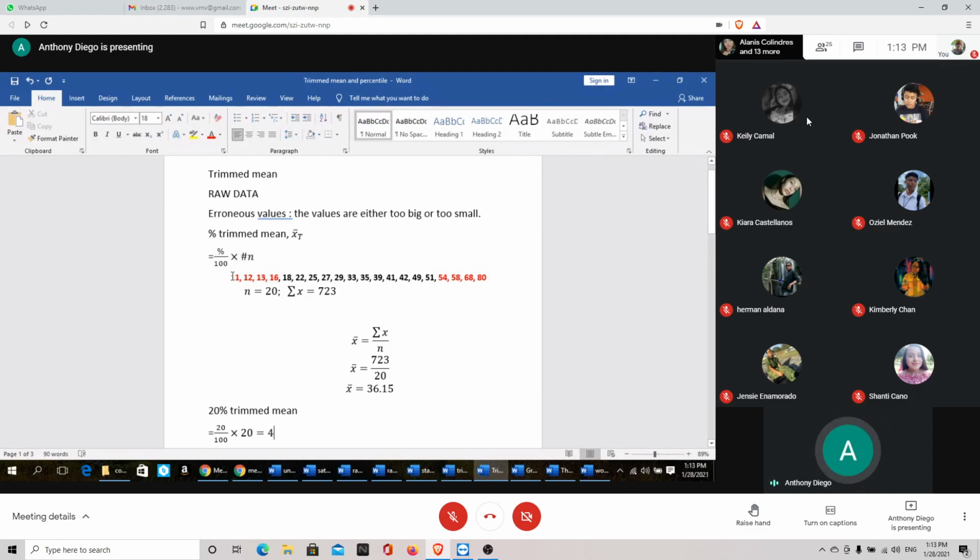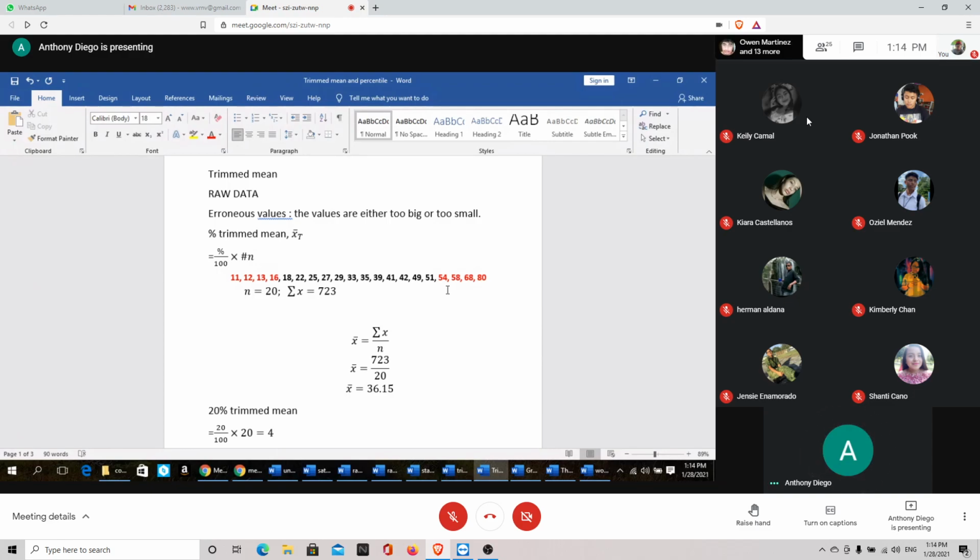Coming from the front, we cut out the first 4 values: we remove 11, 12, 13, and 16. And at the end, we remove 54, 58, 68, and 80. So we have removed 4 observations from either end.